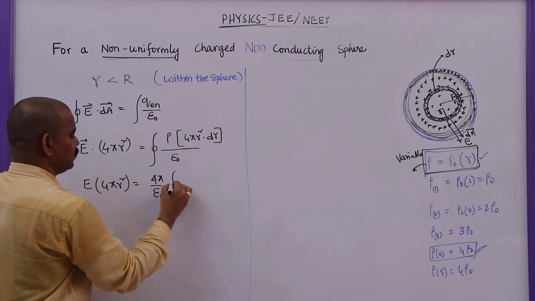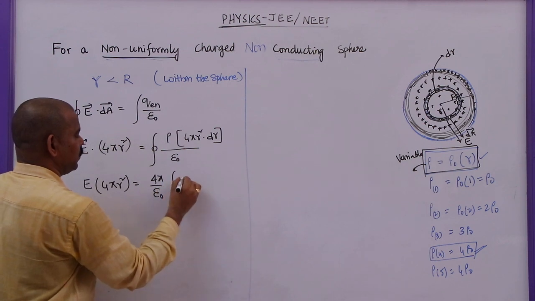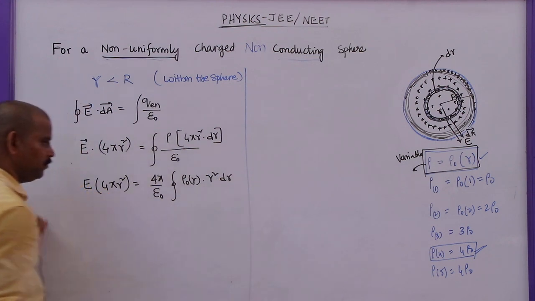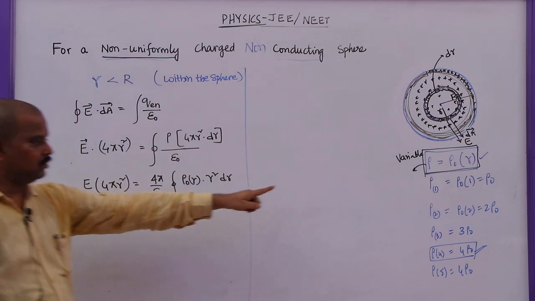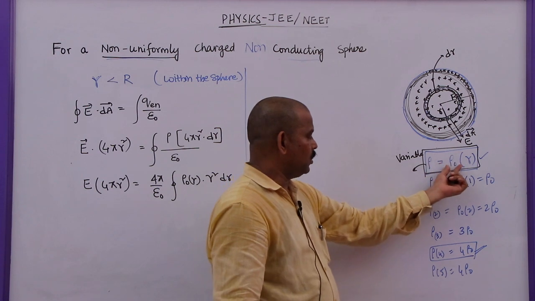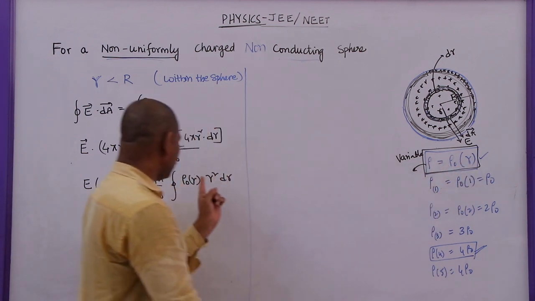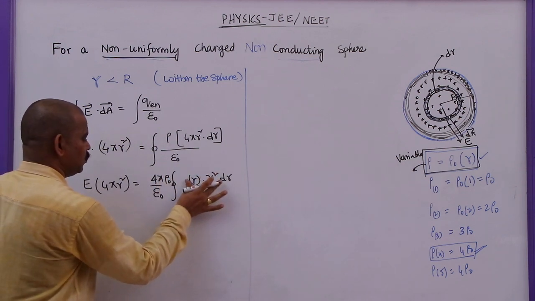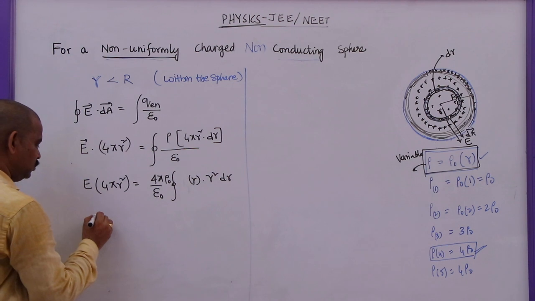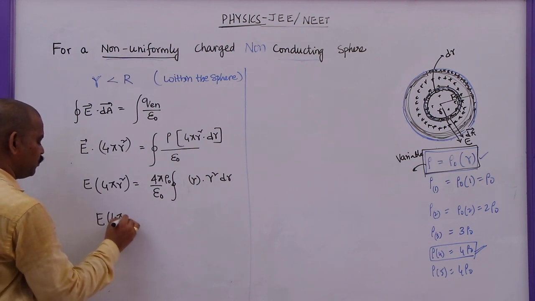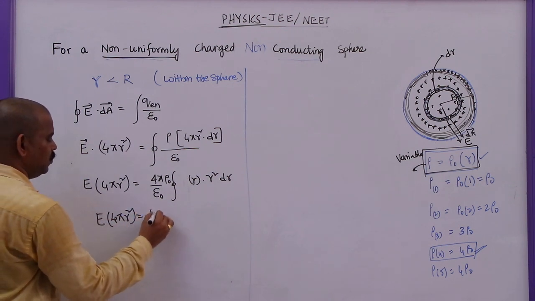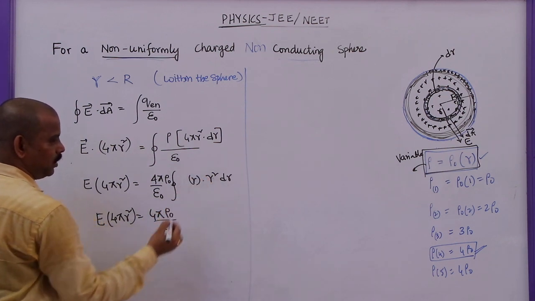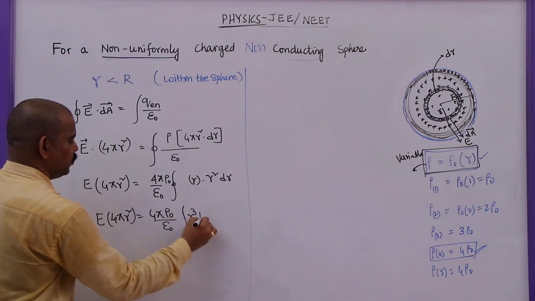The remaining terms are rho naught r into r square dr. Rho naught is a constant volume charge density, so you can bring rho naught outside. Now you can write E into 4 pi r square is equal to 4 pi rho naught by epsilon naught, integral of r into r square, which becomes r cube dr.